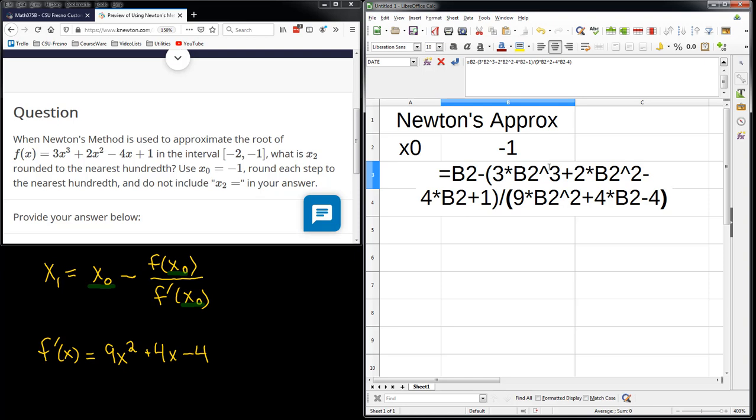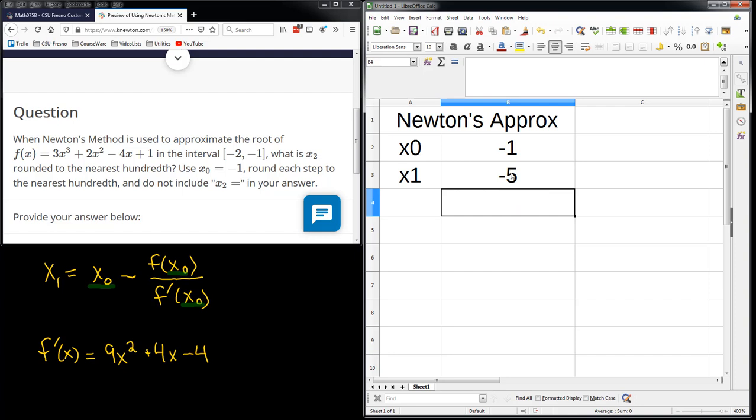All right, so I've got it entered, and now I'm just going to press return, and it gives me the answer. What it just did was this computation, only everywhere you see an x0, it put in -1.